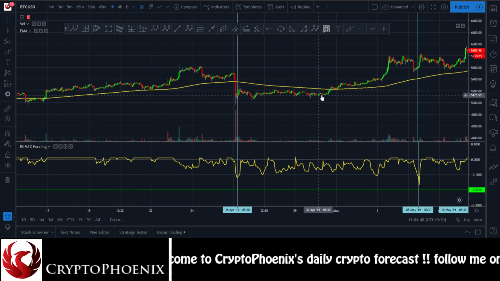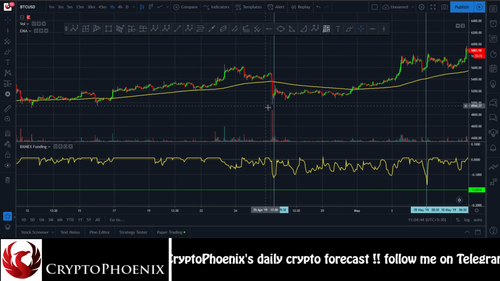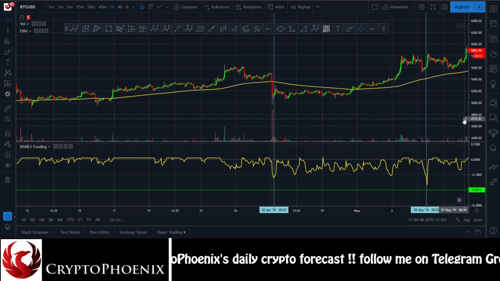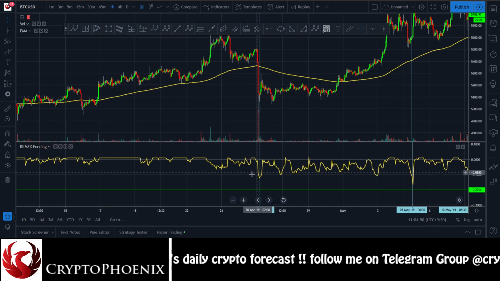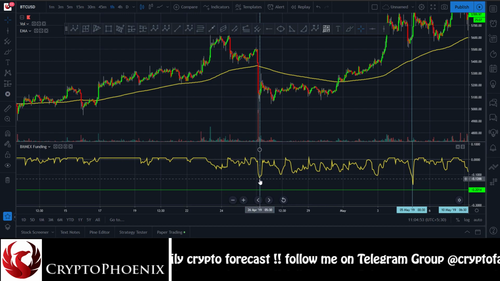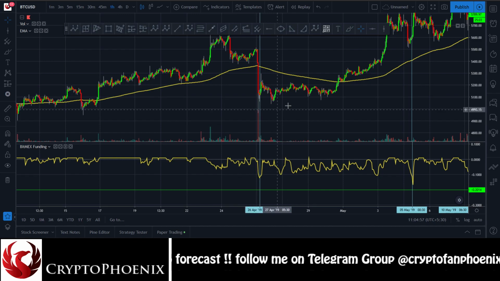So finally it moved above the 200 moving average. So this was one of the trades which I also mentioned in my group, because when I was looking at the funding rate, it was so significantly negative, and at last it was moving sideways.